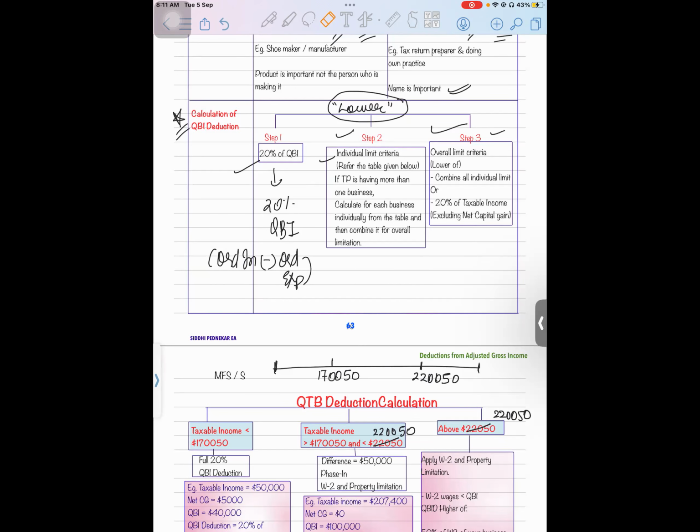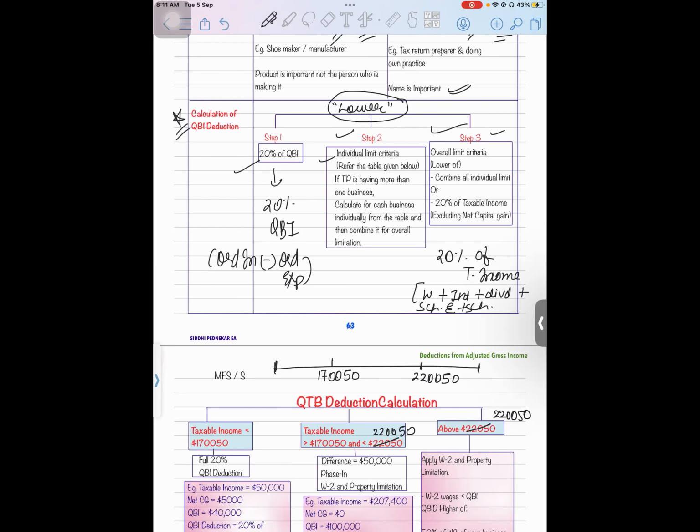So step 3 is what? 20% of taxable income. You guys are aware of taxable income. It will include your wages income, interest income, dividend income, Schedule E rental income, all passive, active, all income.